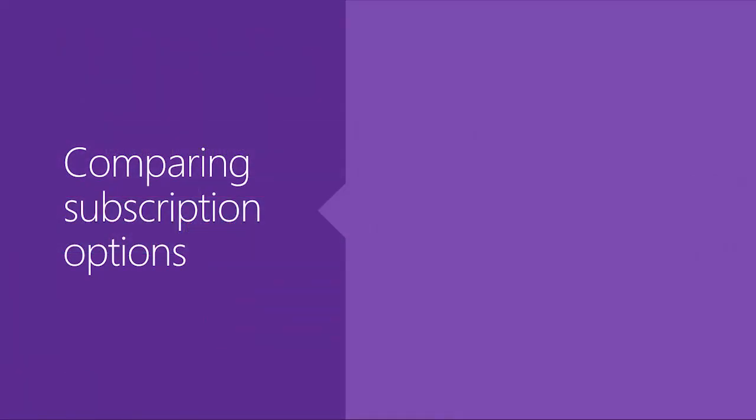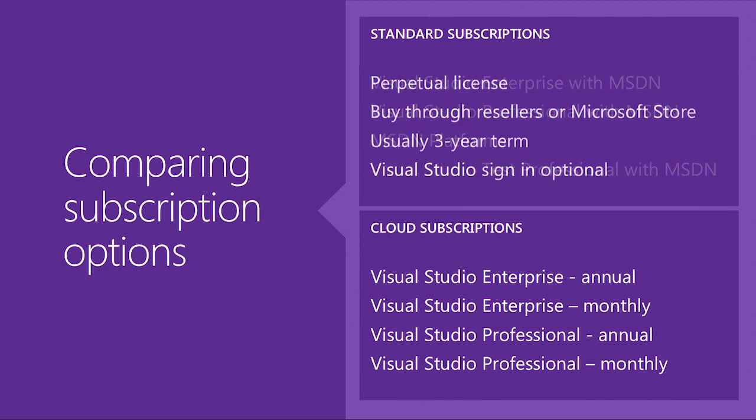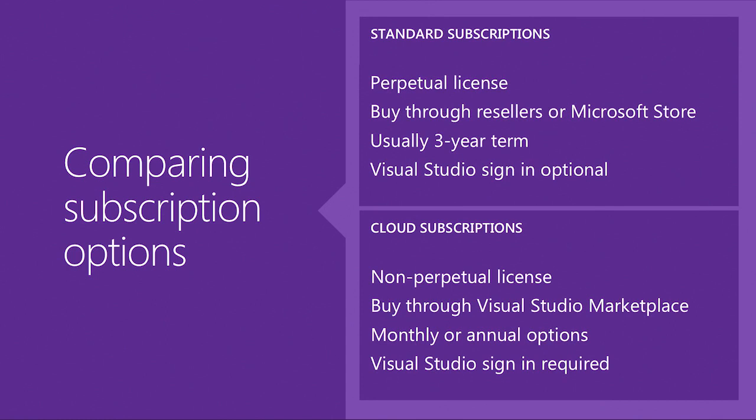So let's quickly go over how these new cloud subscriptions compare to standard subscriptions. We offer 4 different options for each to meet a variety of development and testing needs. Visual Studio standard subscriptions offer a perpetual license, which allows you to keep running the software after your subscription expires.